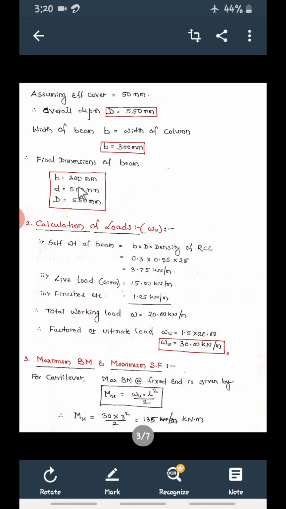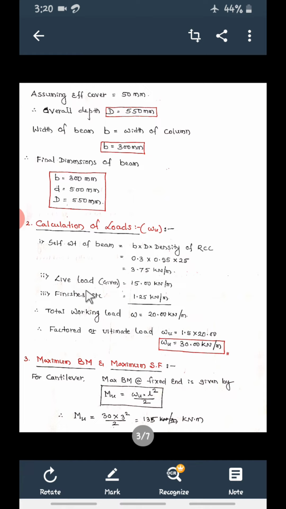So B is 0.3 meter, capital D is 0.55 meter, and the density of RCC is 25 kilonewton per meter cube. So this is 3.75 kilonewton per meter, that is the self weight, or own weight, of the beam.